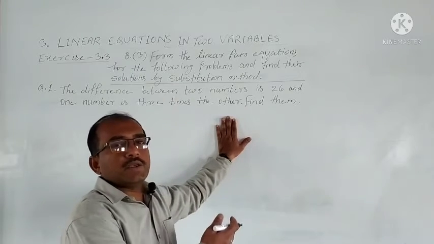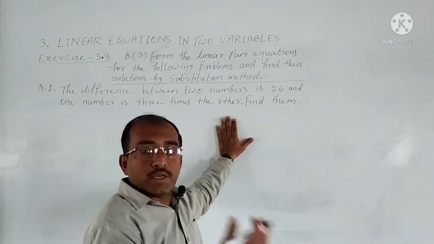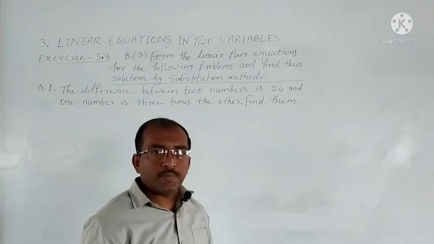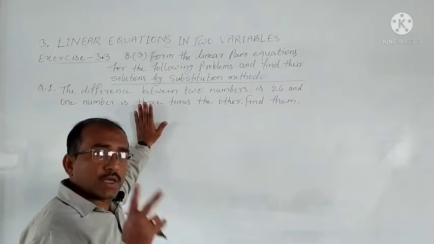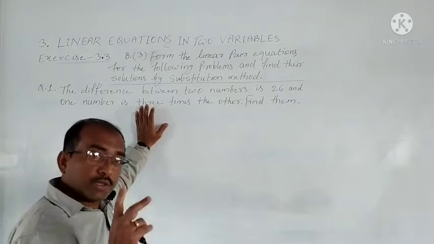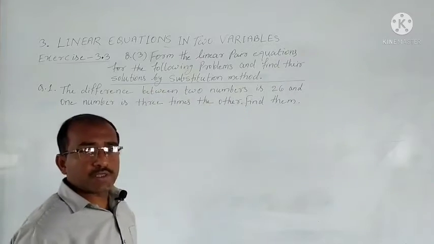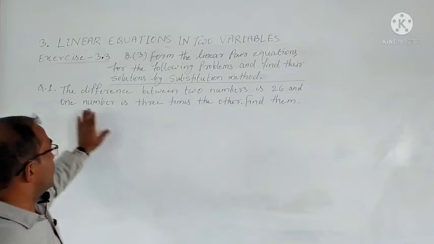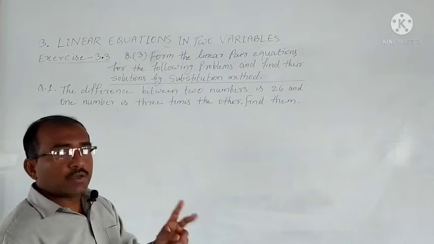Some questions may be asked to be solved by substitution method, some question may be asked by elimination method or by any method. Let us see. So when we read the question, clearly we understood there are two numbers. This talk is about any two numbers, but with the condition. What condition is that? Difference between two numbers is 26 and another condition is one number is 3 times the other. So let us start that two are unknown to us.